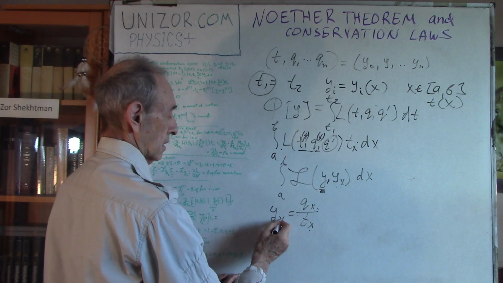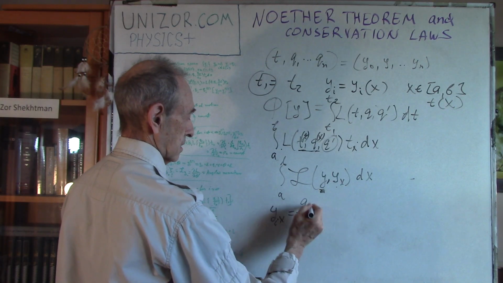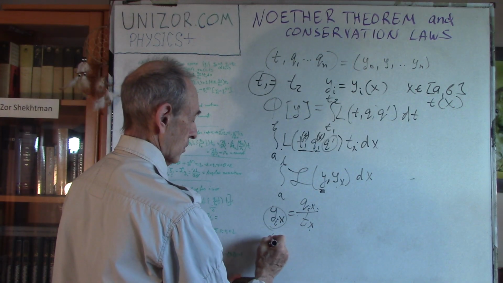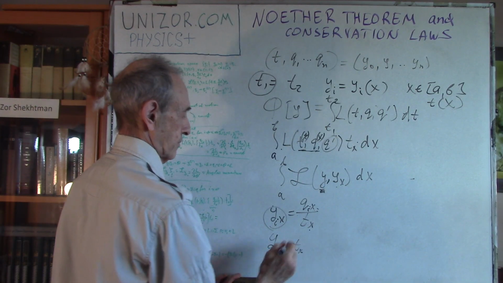Now, obviously there are indices, index i, and y0 of x is actually t(x).